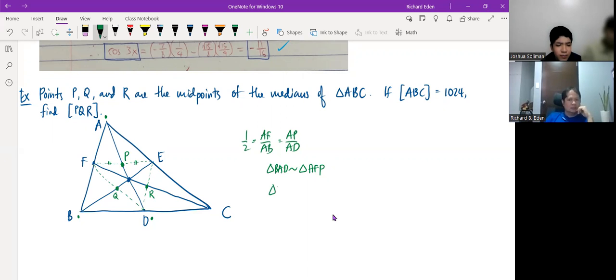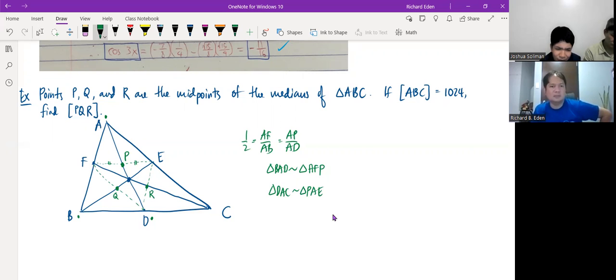Then since BD is equal to DC, D is the midpoint. By the definition of similarity, they are similar by the same scale, so since BD is congruent to DC, FP must be equal to PE.